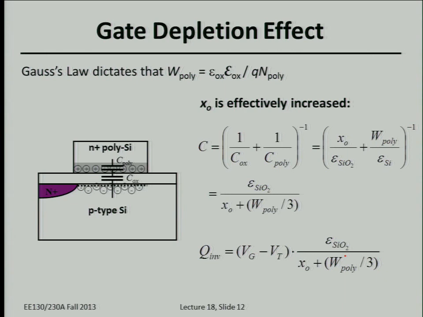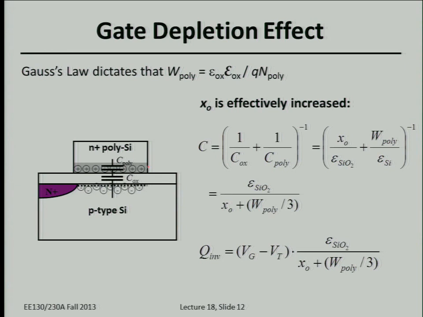We can derive a simple equation for the effective thickness. When you're applying a gate voltage, you're going to get more voltage dropped across the combination of the depletion region in the poly and the gate oxide, versus the silicon itself. Usually when you apply a gate voltage, you're trying to change the surface state of the silicon, so now you're going to lose more voltage across this dielectric.